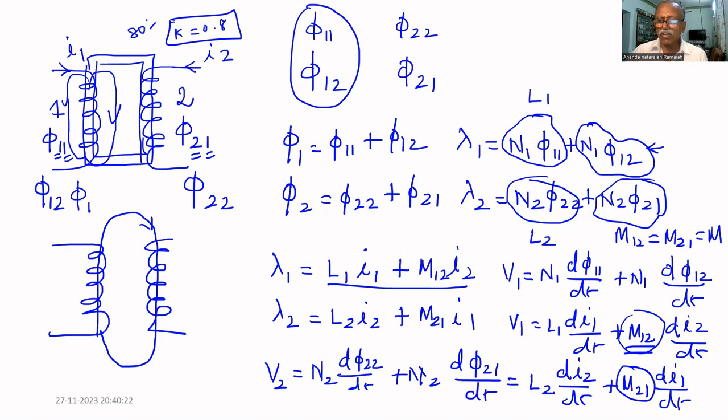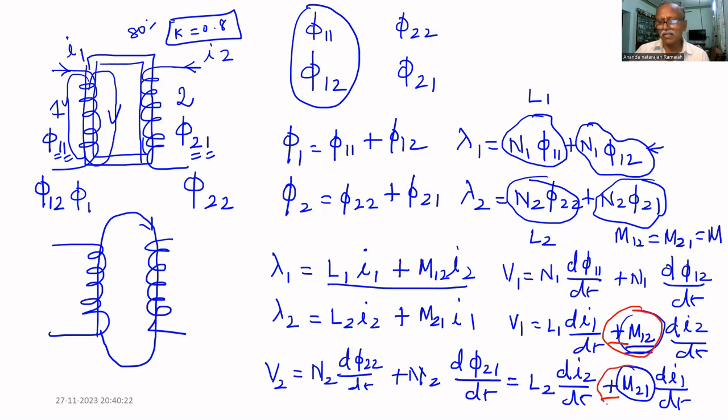The flux produced by the second coil may aid or oppose. That's why this M may have plus or minus. This M also has plus or minus. So the value of M may be positive or negative. Positive means it aids the original flux in the first coil.